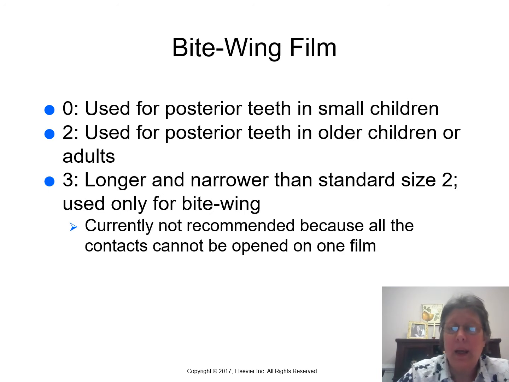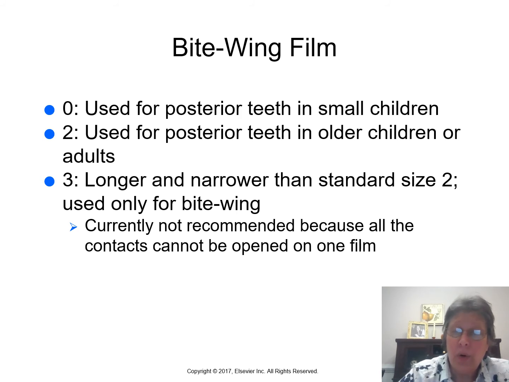Let's talk a second about the sizes of the bite wing film. We use the size 0 again for small children in the posterior region. We use size 2 for the posterior teeth in older children and adults. The number 3 film we mentioned a minute ago we don't use in dentistry very much.